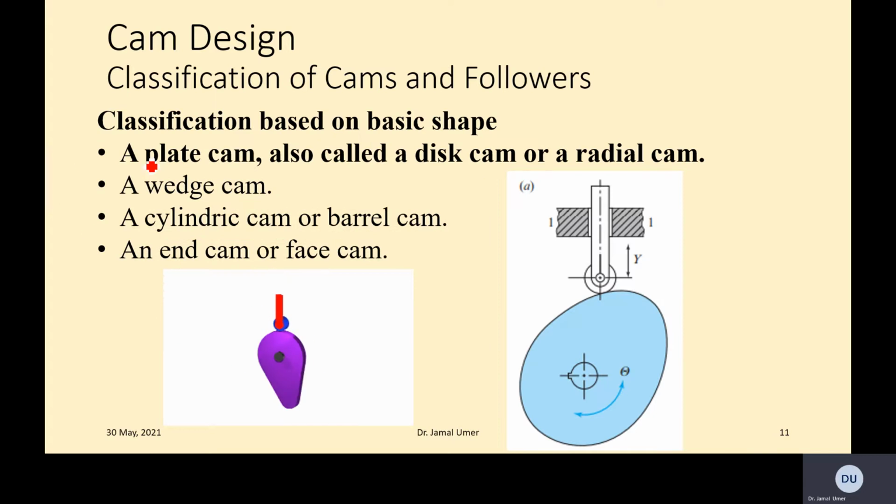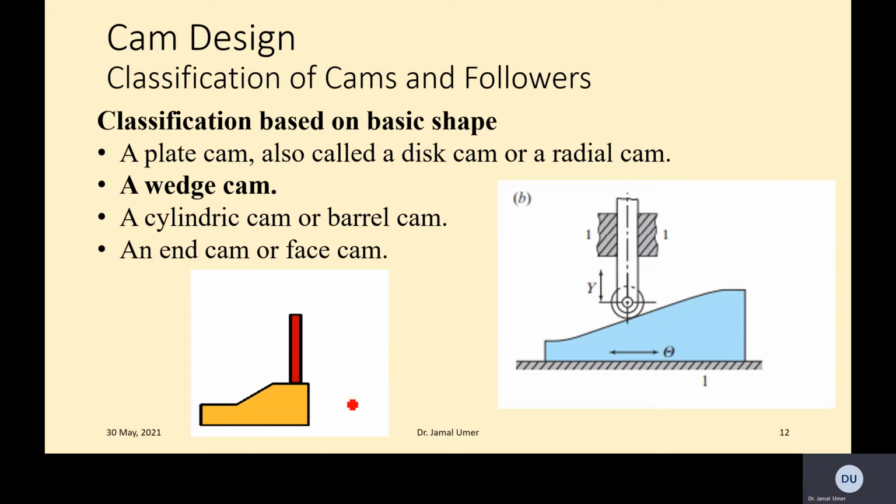So for example, this is a plate cam, also called disc cam. So this is like a disc shape. So when it rotates, in this classification we are not considering this part, the follower, or radial cam. So this is the typical example which we see in automotive application.